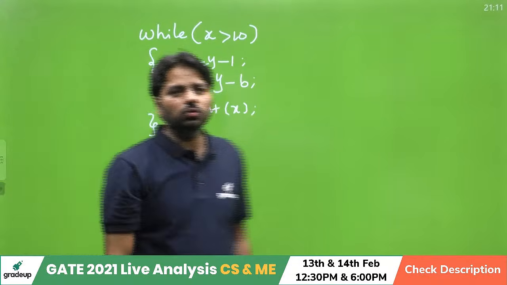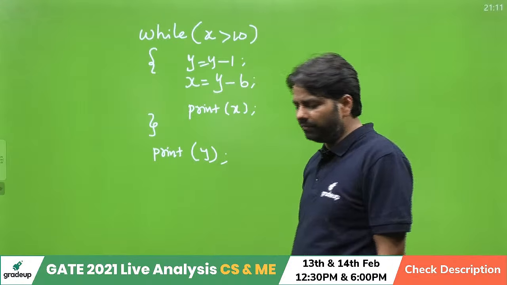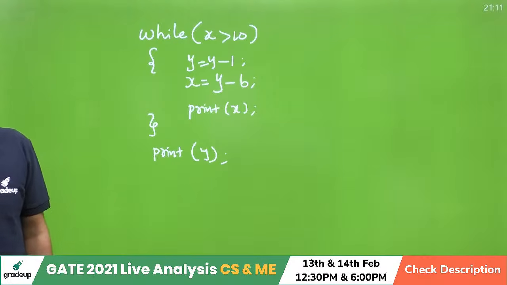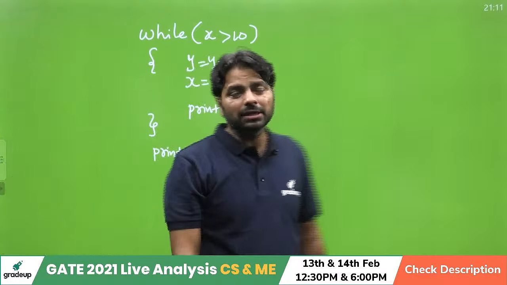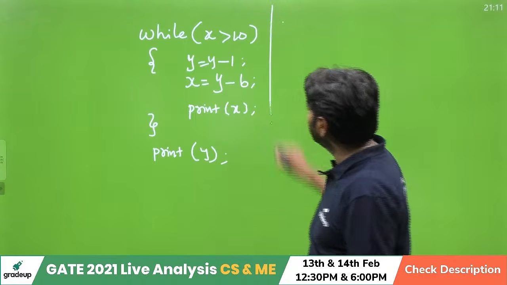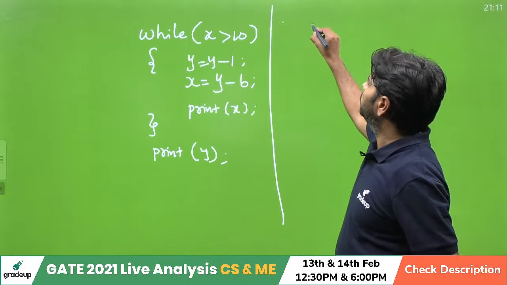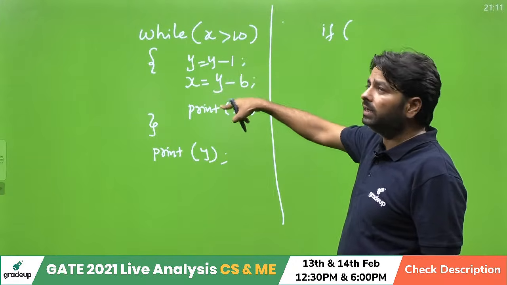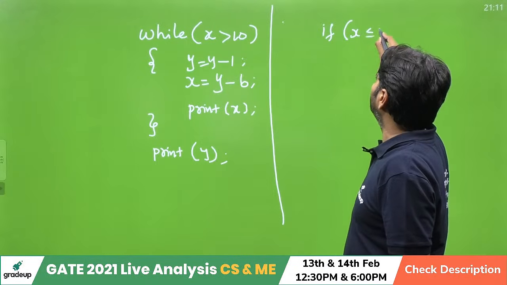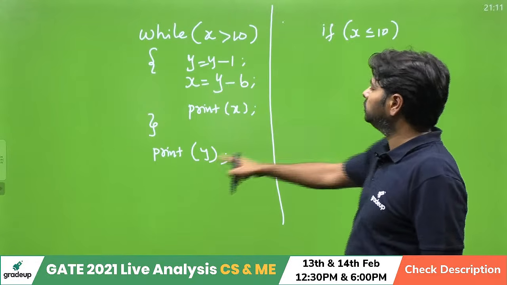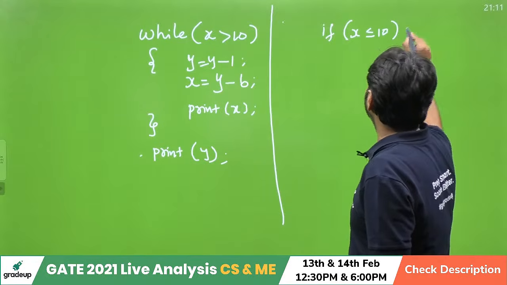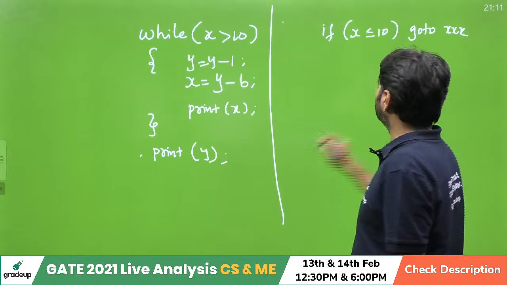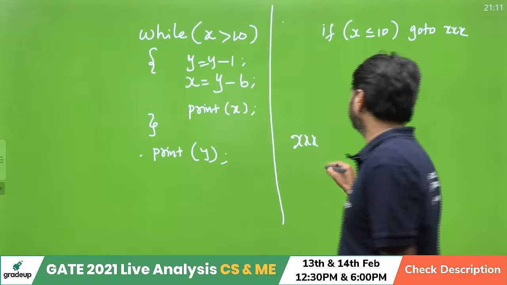Now first you should know how to draw the control flow graph. You can leave if you have understood this concept. I think this is all completely over. Only somebody is asking about basic blocks, so I'm explaining. So first you should know how to write the 3 address code. Suppose you have to check here, if x greater than 10 you will enter. If x less than or equal to 10, then you have to jump to this statement. So go to something like goto x, so that is print y.